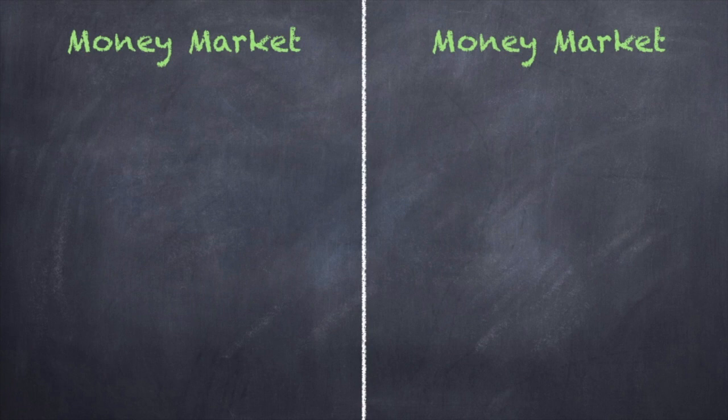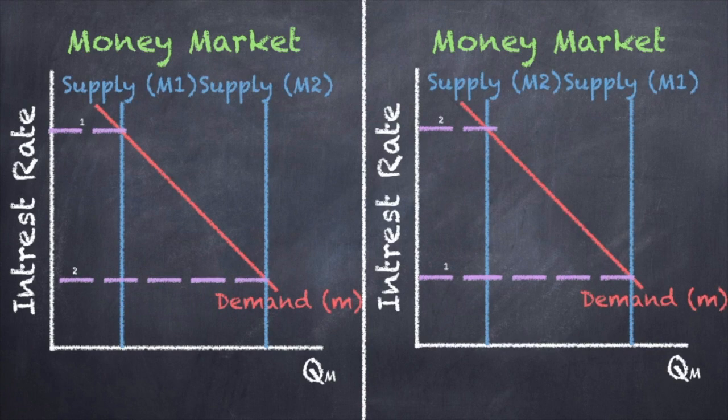So what happens to the interest rates on this side of the golden ticket? For that, we're going to look at the money market graphs. You're going to see that the interest rate is on the y-axis, the quantity of money is on the bottom, and it shows the supply versus the demand of money.